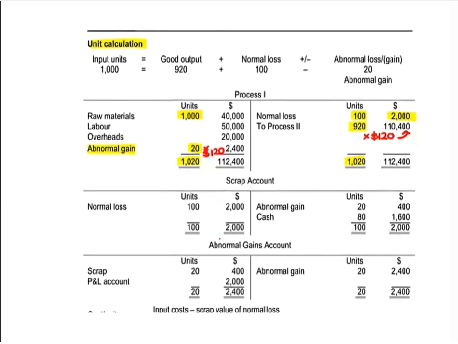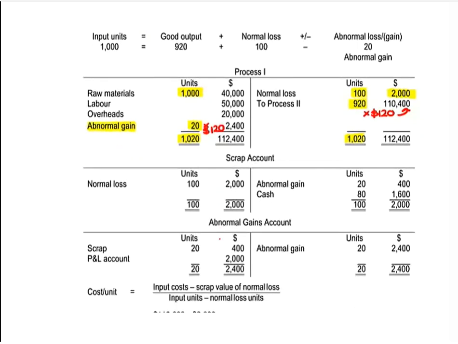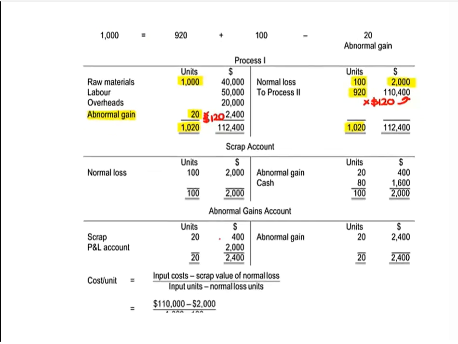We have to complete scrap accounts and abnormal gains accounts in the same way that we did before. The other side of the normal loss then will be 100 units at 2,000, because remember we never adjust the normal loss. But what we have got is an abnormal gain on the debit side, so that's going to be a credit on the abnormal gains account.